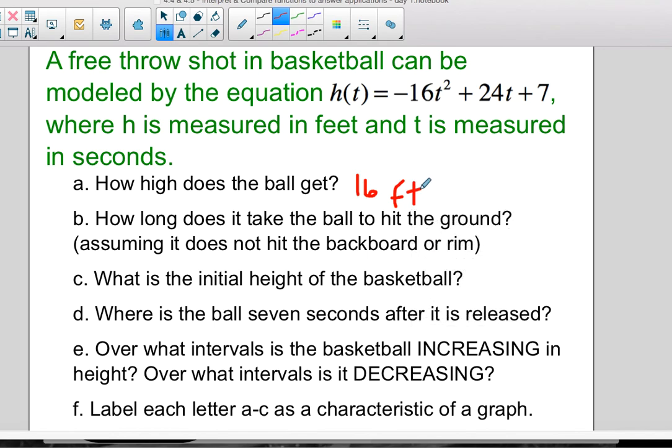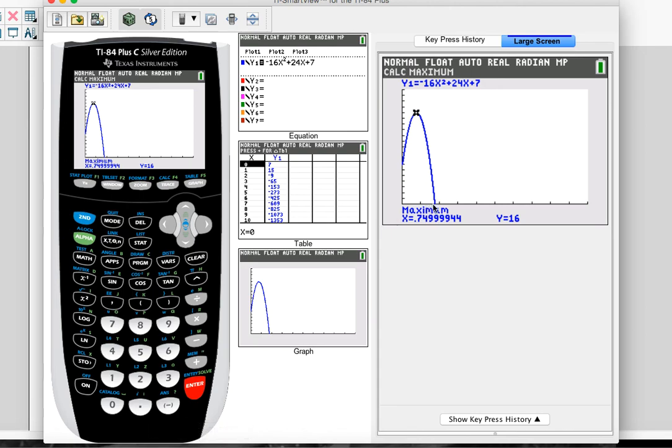All right. How long does it take the ball to hit the ground, assuming it does not touch the backboard or the rim? Maybe even the net would slow it down enough, but it might be an air ball. But how long does it take for the ball to hit the ground? Right, so that would be the height at 0 feet. So if this is my y-axis, 0 feet would be on the ground.